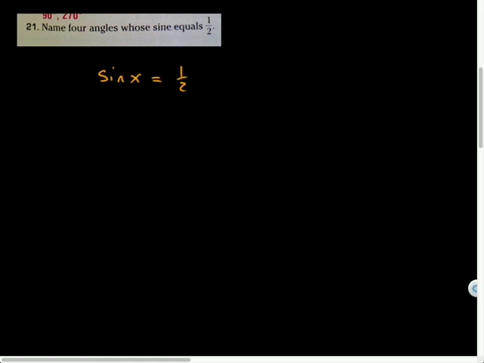So to solve that, I would sine inverse both sides. Sine inverse of 1/2 asks the question, for what angle is the ratio of the opposite to the hypotenuse equal to 1/2? Okay, that's what it's asking. For what angle is the ratio of the opposite to the hypotenuse equal to 1/2? Or for what angle is sine equal to 1/2? So when does that occur?